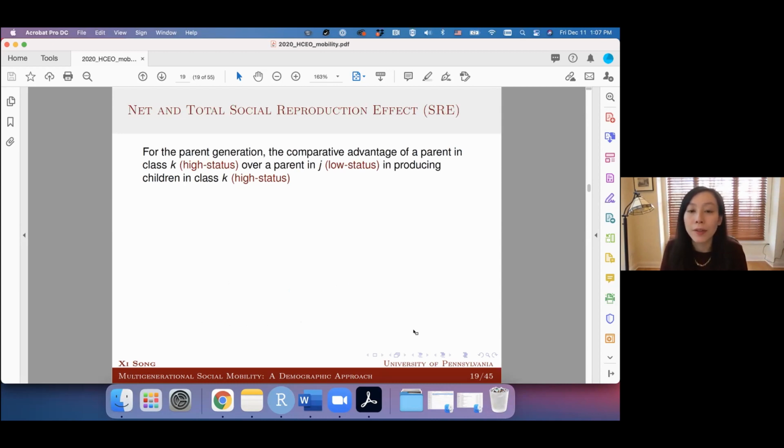Assume that we define the comparative advantage of a parent in high social status over low social status in producing high social status offspring simply as a difference measure: for a parent starting with high social status, the number of his offspring in high social status minus the number of high social status sons coming from a low social status family.